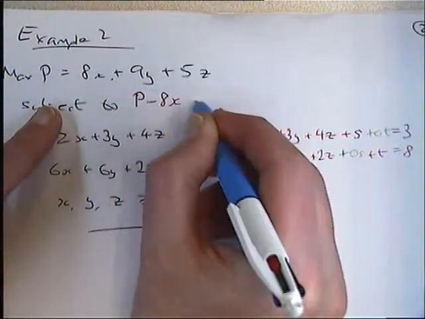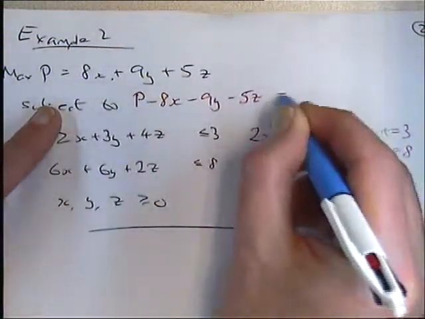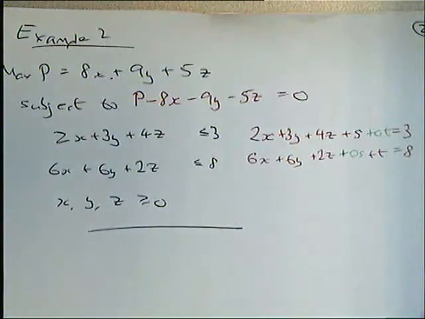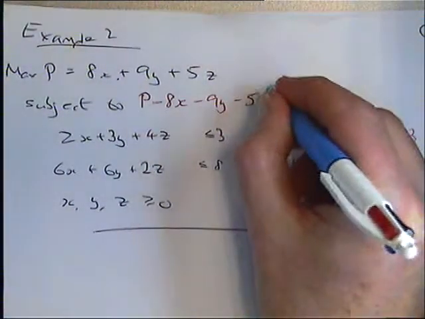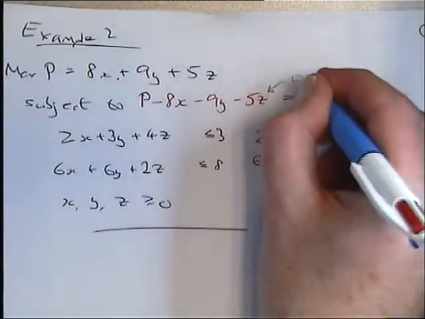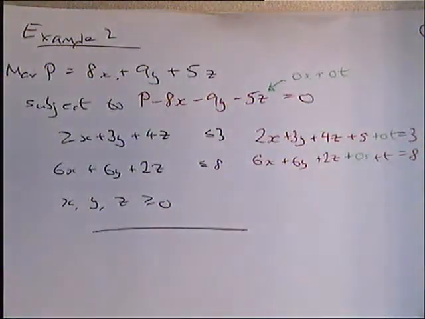Yeah, that's right. Minus 8x. Minus 9y. Minus 5z equals 0. That's right, okay? And bear in mind, I could put in there as well, at that point, that there are no S's and there are no T's. I could put that in there, because in a minute when I put it in tableau form, they will appear there.